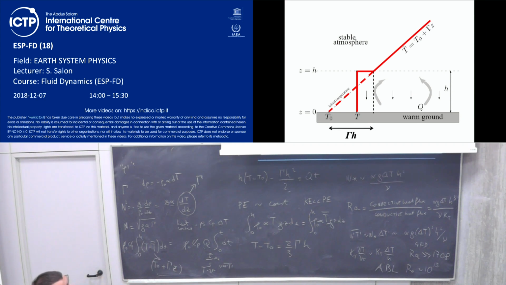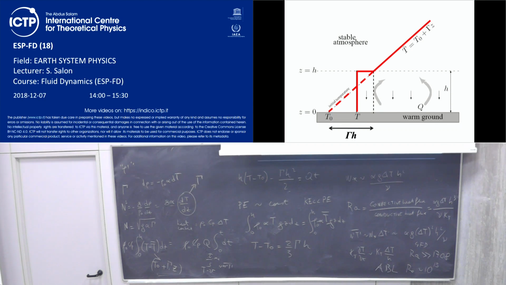So it means that the final temperature T, for example at the surface, is equal to the initial temperature T0 at the surface, which is here, plus 2/3 of lambda h.